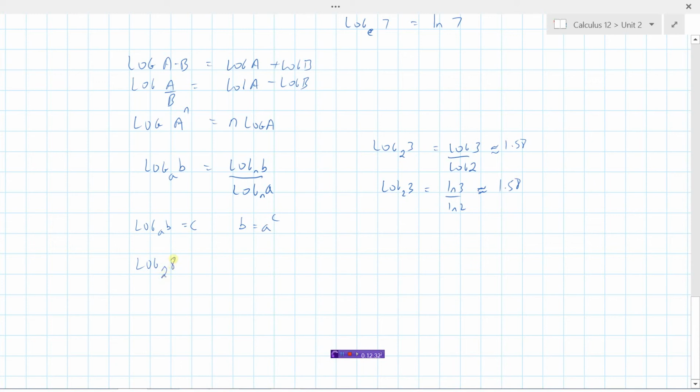Log base 2 of 8 equals 3, because the exponent on 2 to give you 8 is equal to 3. That's like saying 8 is equal to 2 cubed. So here's the expression written as a logarithm, and here's that same expression written as an exponent. So this is the relationship between logarithms and exponents, and we know that they're inverses of each other.